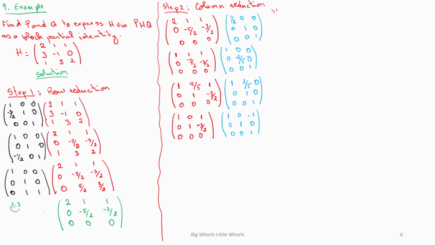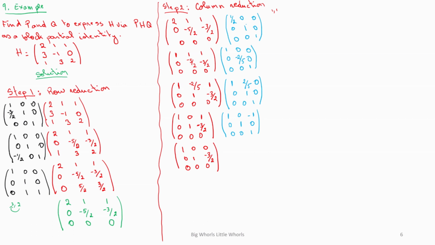Okay, so this will give us the following matrix. So you will have this new matrix: 1 0 0, 0 1 minus 3 over 2, 0 0 0.